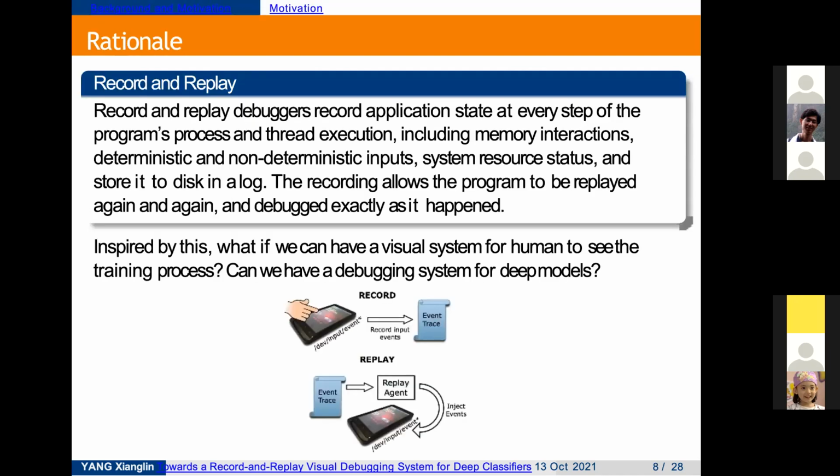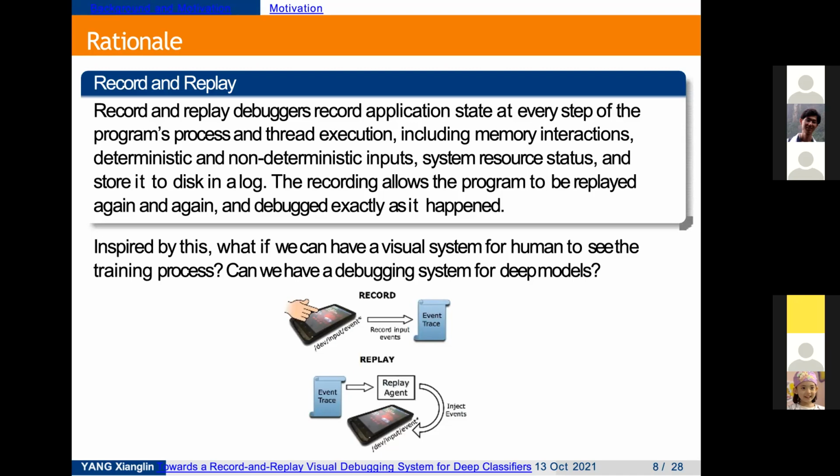Another rationale for our work is a strategy called record and replay in the software engineering research area. This strategy records every step of the program's process and thread execution, and deterministic and non-deterministic inputs. They record everything and store it on disk in a log.